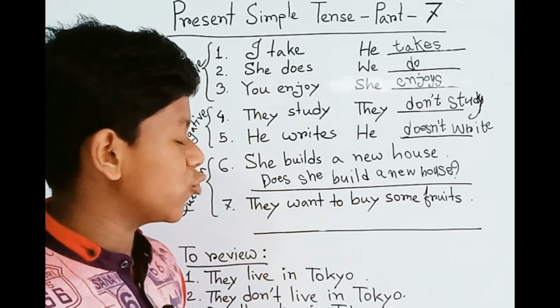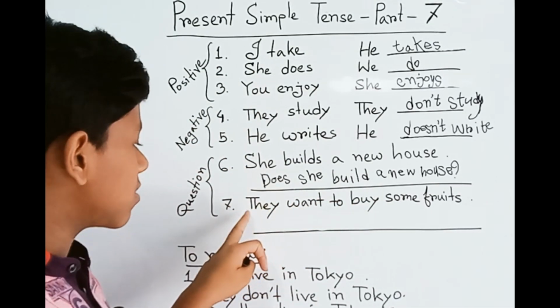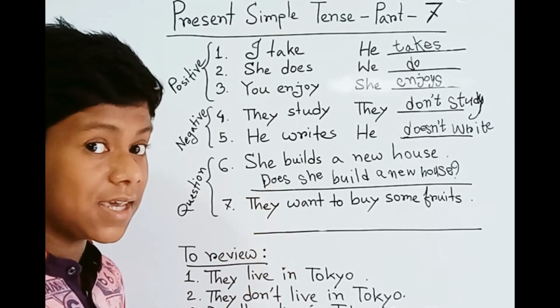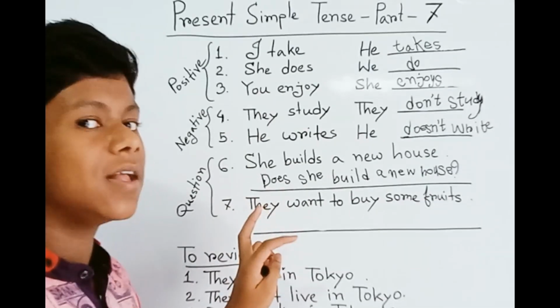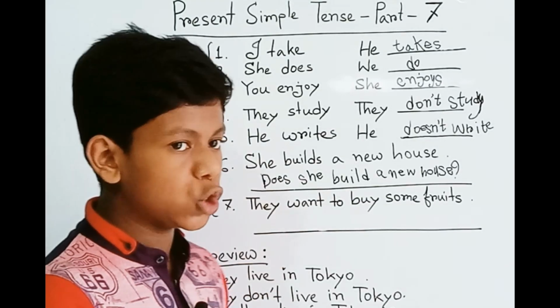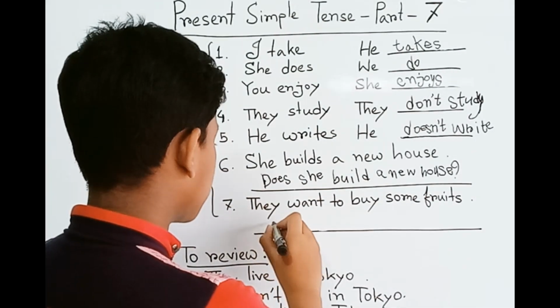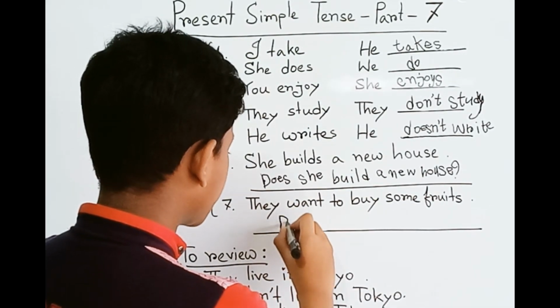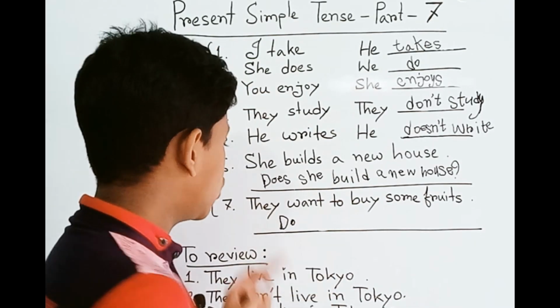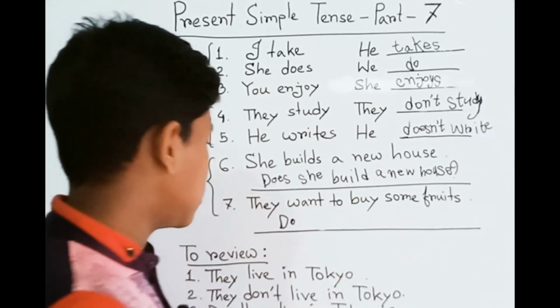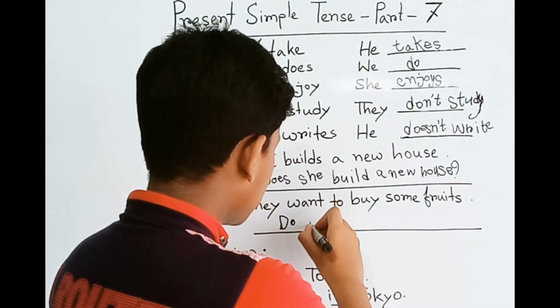They want to buy some fruits. They is third person plural, so we have to add the... Can you remember? Yes, guys, you were all correct. It will be do. So here I can write: do. Then we have to add the they. Do they?